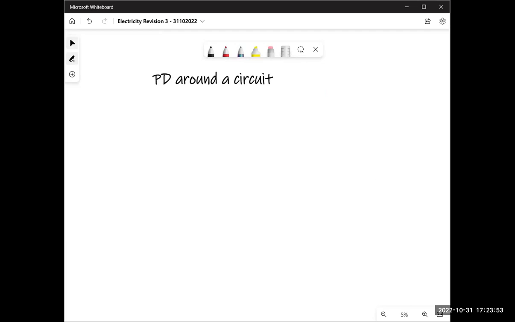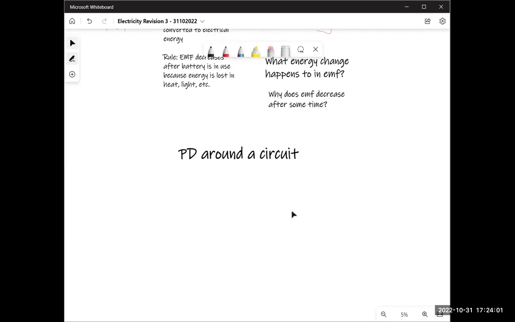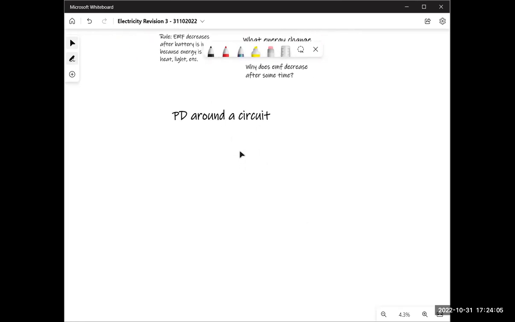Because the heat energy is passed out, so it decreases. Yes, that's correct. So energy decreases because the energy is lost as heat. That's what we need to know.